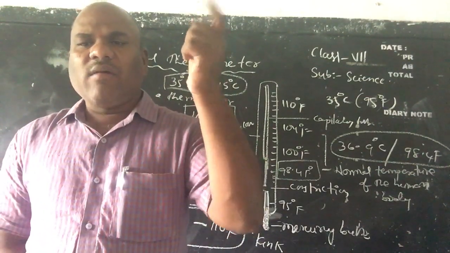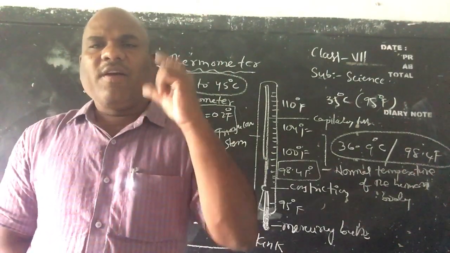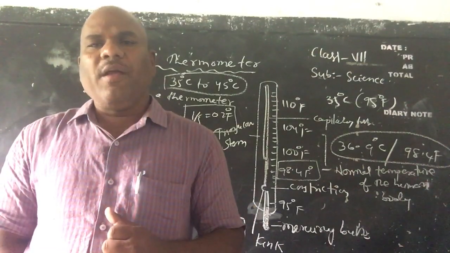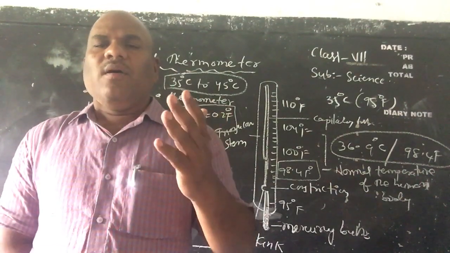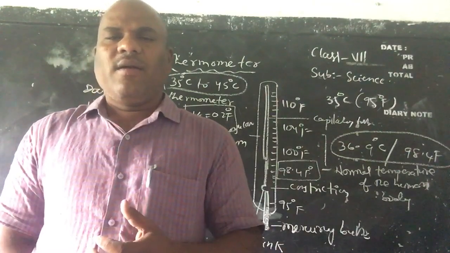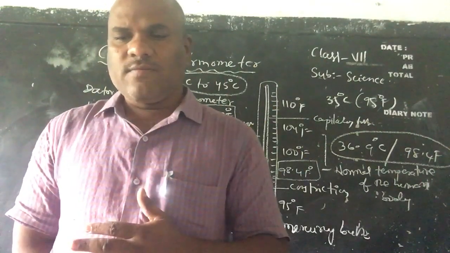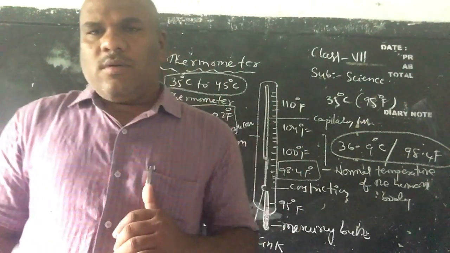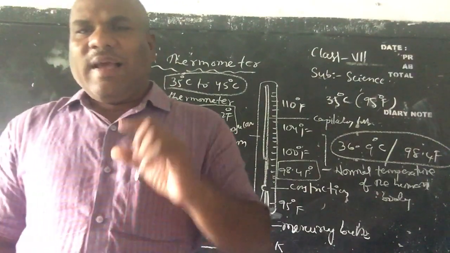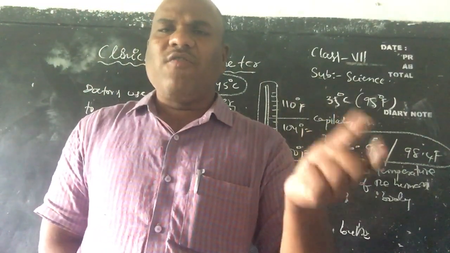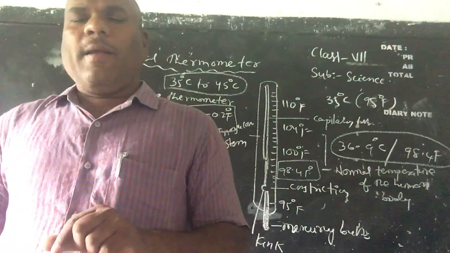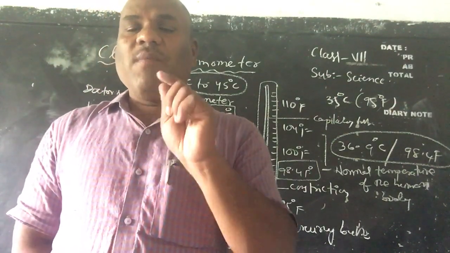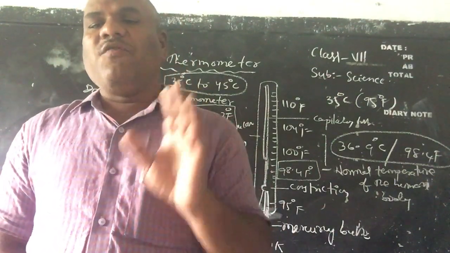Now take a clinical thermometer and record the temperature of 4 or 5 of your friends. There is a lot of difference. The estimated temperature is different from the temperature practically observed with the help of a clinical thermometer.